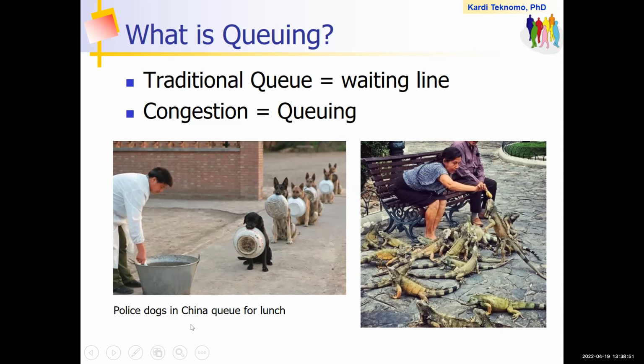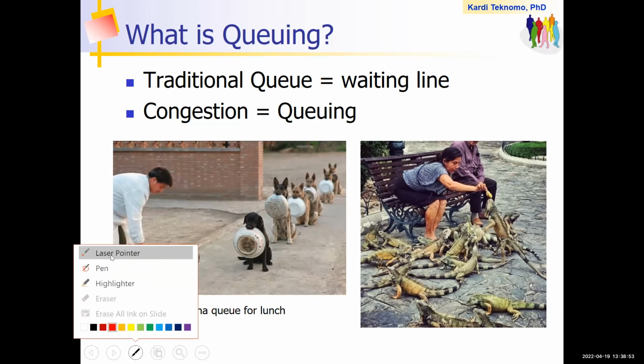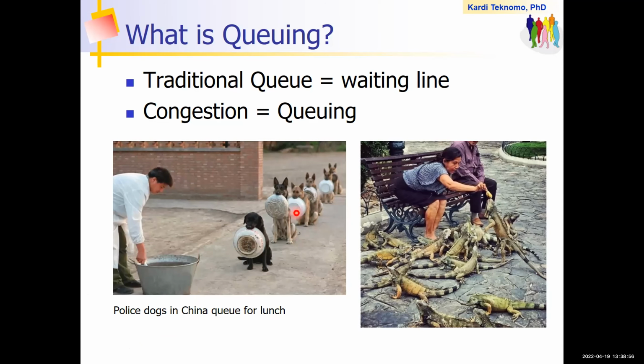Right? So what's the difference between the left side and the right side here? This queue is creating a waiting line. This is also queuing, so this is called bulk queue. They are queuing for the food, right? So it's not creating a waiting line, but they are still queuing for the service, which is the food here.